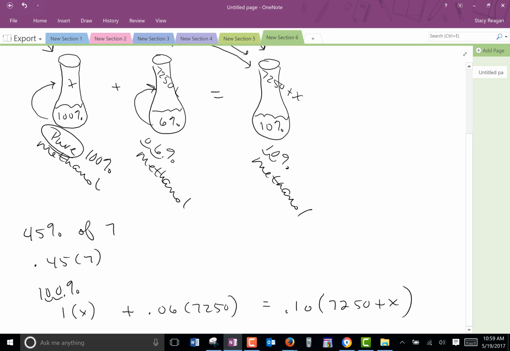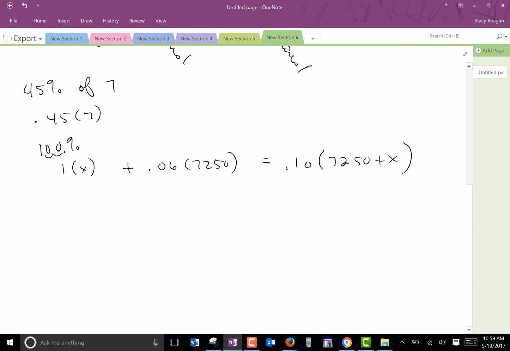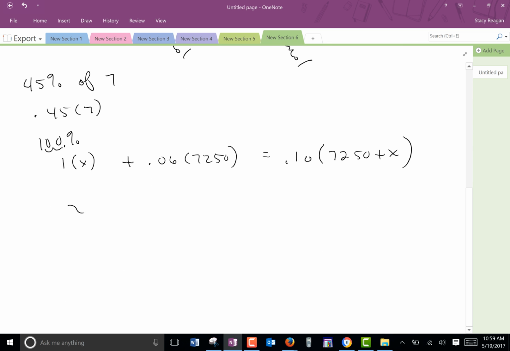Just keep in mind when you're doing mixtures, if you get these containers drawn correctly, all you have to do then is take the percent times the value, the percent times the value, the percent times the value. That's all you're doing when you're mixing things. So let's take a look at this math. 1 times x is x.